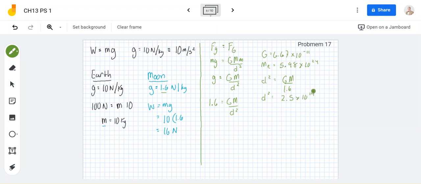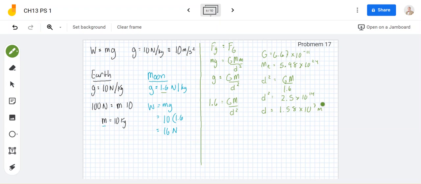I'm going to take the square root of that. 1.58 times 10 to the 7 meters. Now that's the distance.